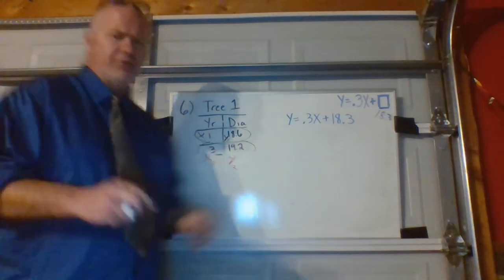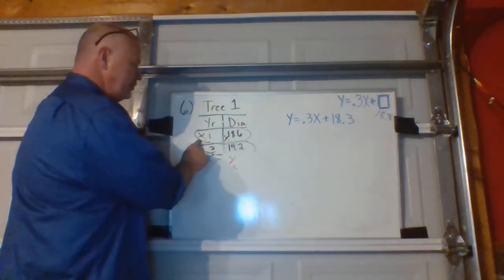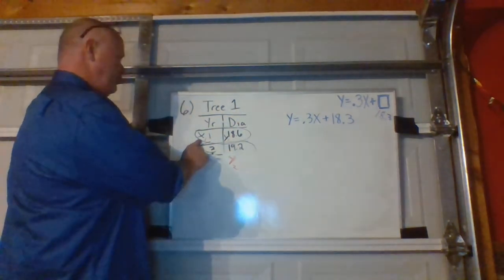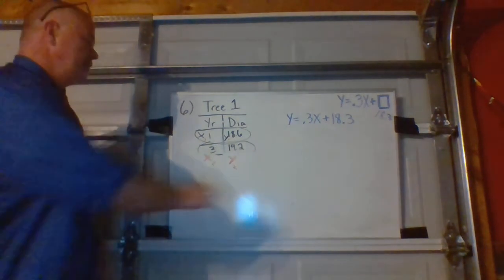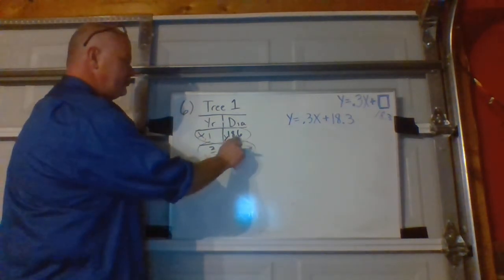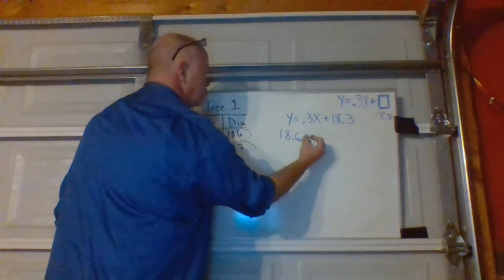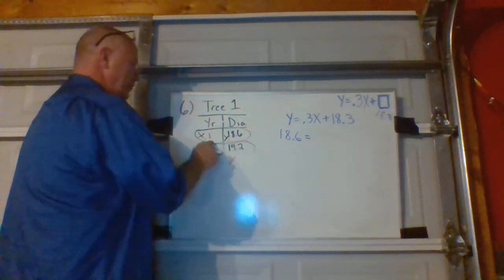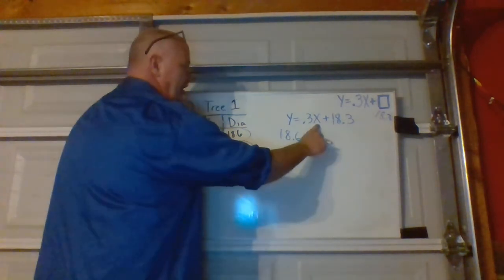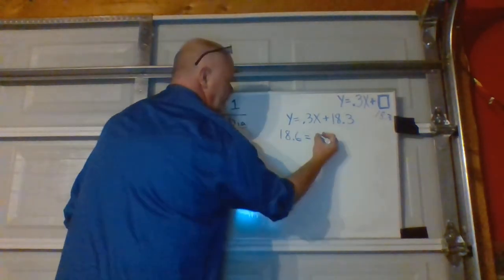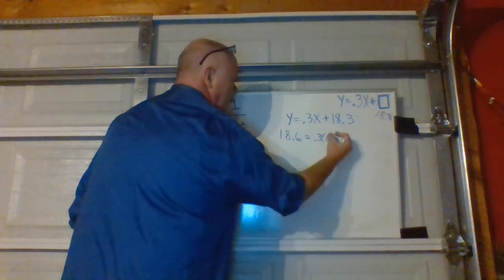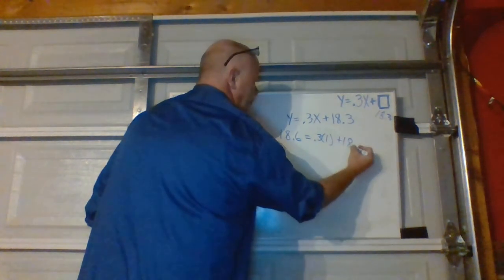So let's do that with the first point here. We've got 1 and we've got 18.6. I'm going to put my 18.6 in place of y and a 1 in place of the x. So I get 0.3 times 1 plus 18.3.